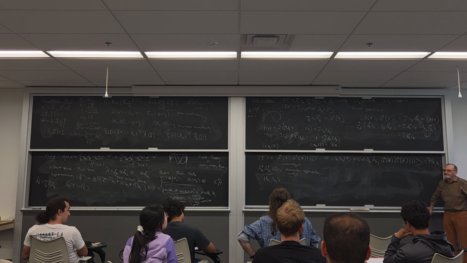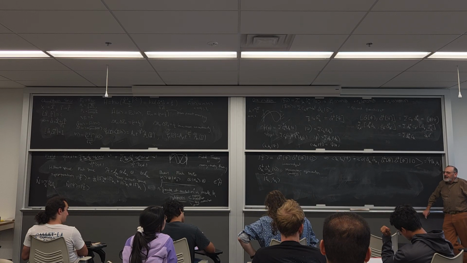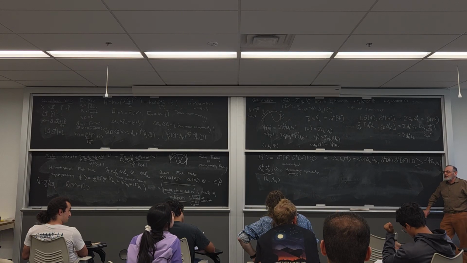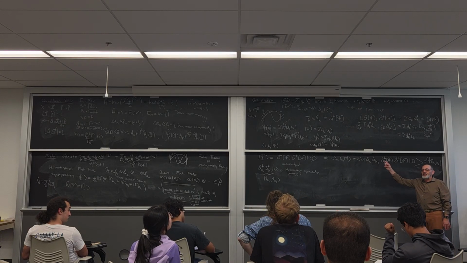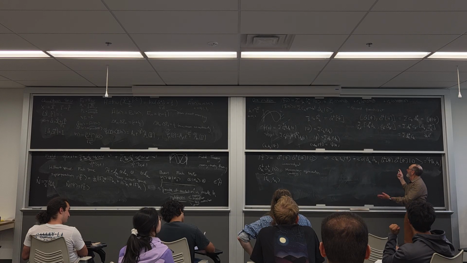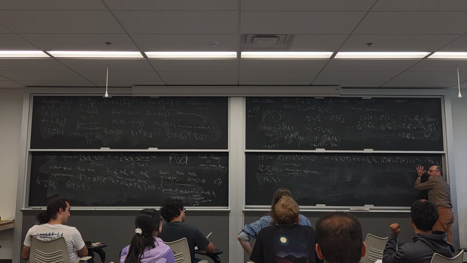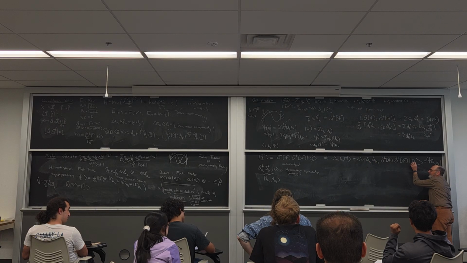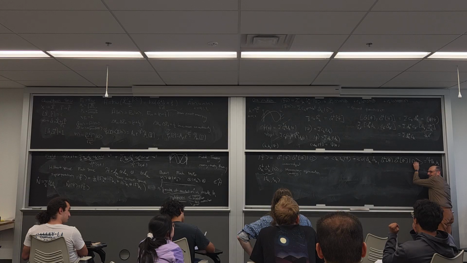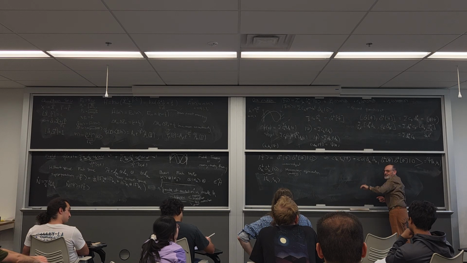What is it? How would we calculate this? Now here is a trick of the trade. Whenever you're dealing with A's and A daggers acting on the vacuum, you want to move all the A's to the right because they annihilate the vacuum, and all the A daggers to the left because they annihilate this.